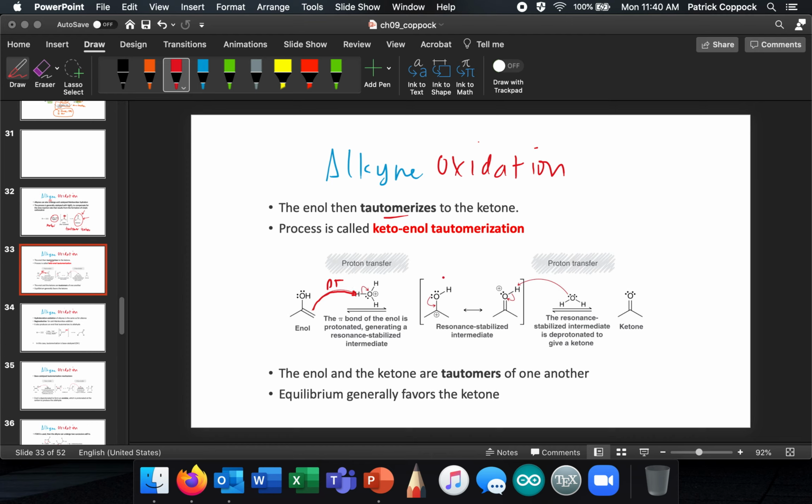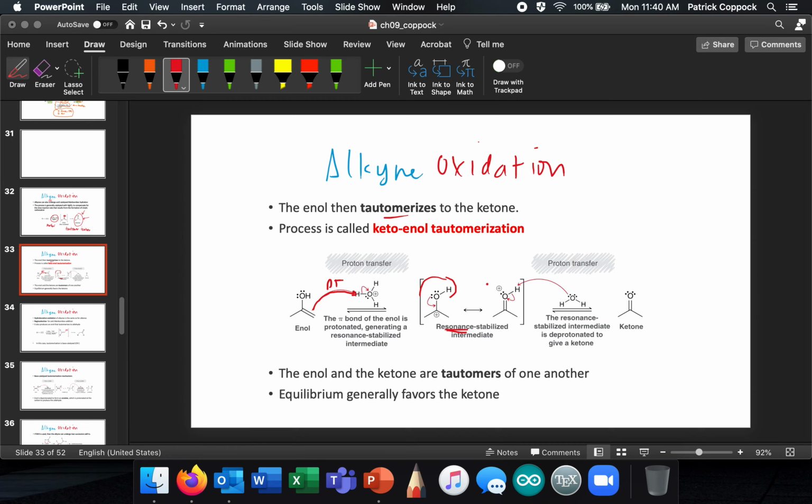Now, this is the intermediate, and there's a carbocation right here. This carbocation says, wait, you have a lone pair of electrons over there. Why don't you share? And so it is resonance stabilized. They do share. This is a resonance structure.